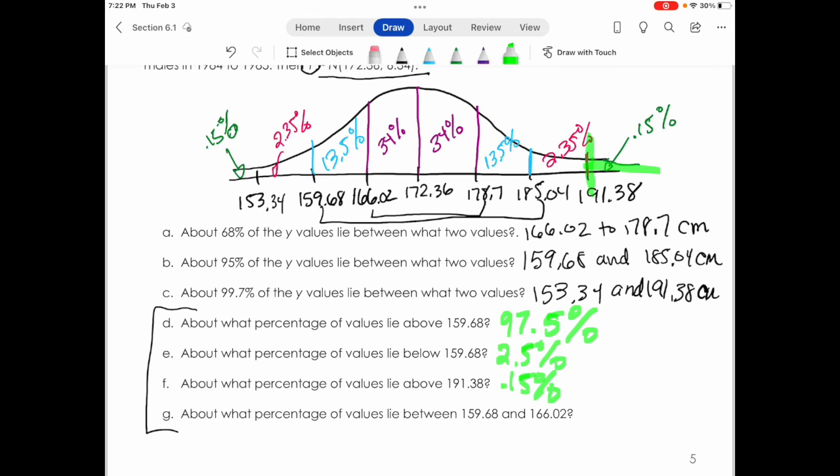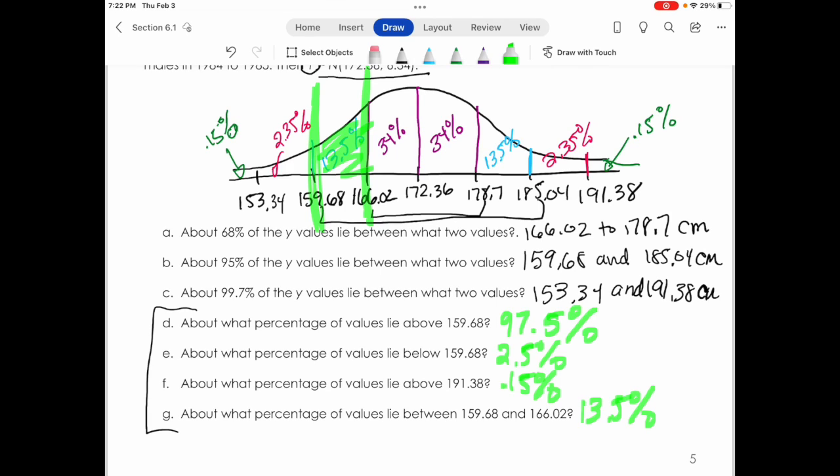Last question, about what percentage of values lies between 159.68 and 166.02? Well, if I look at those values, I'm going to highlight them in green. So 159.68 is here. 166.02 is right here. So that is just this area right here, which is 13.5.